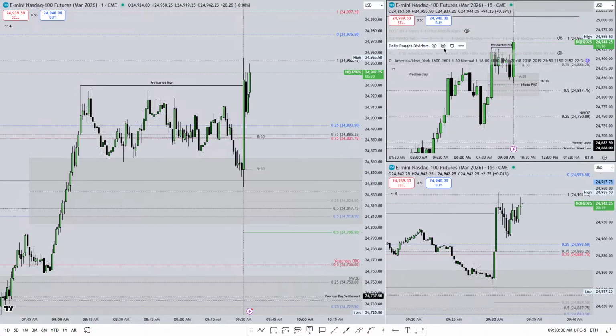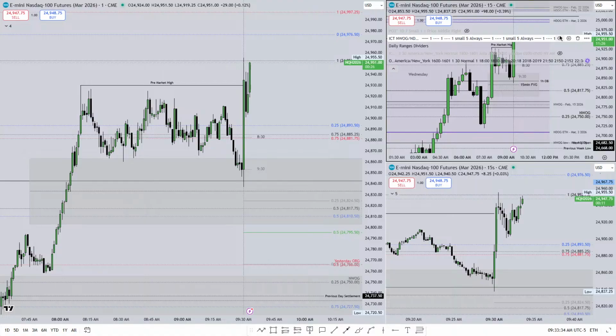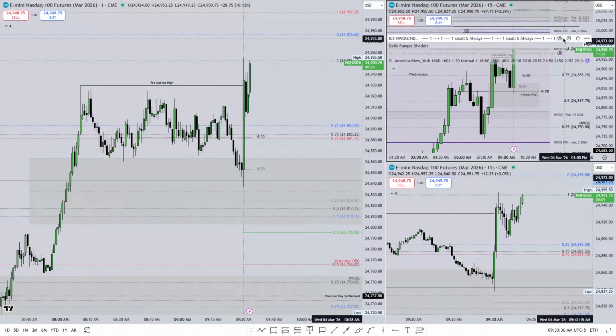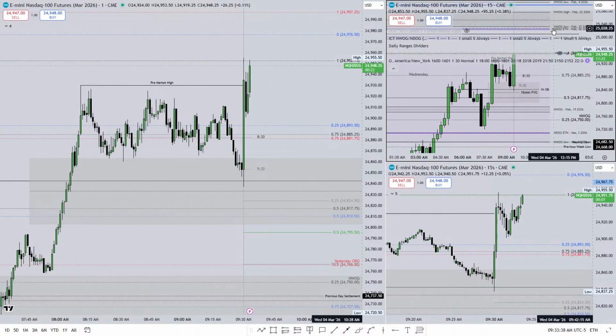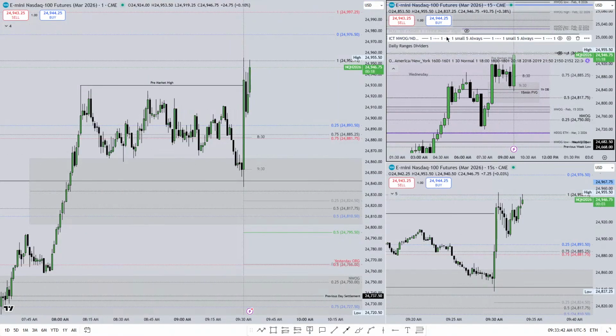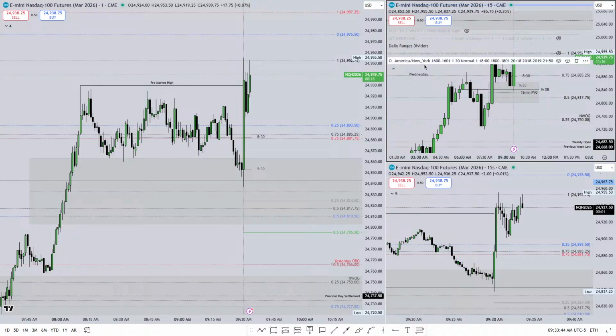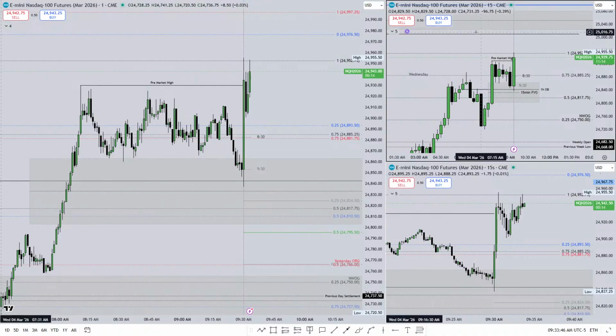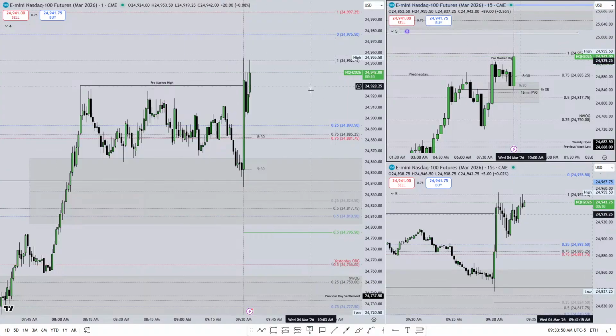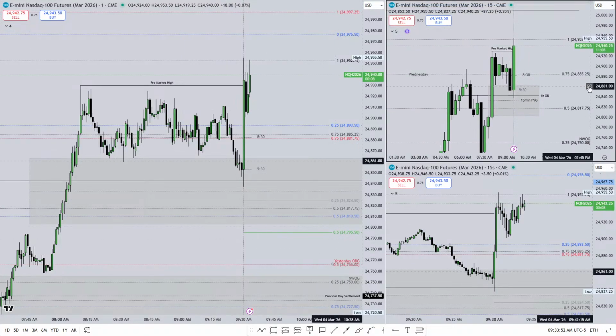I also want to check out where new week opening gaps are. All right, so we got a couple new day opening gaps, new week opening gap up here. Obviously, we're trading in this week's new week opening gap. So there are some gaps up here that could be used as a means of targeting.